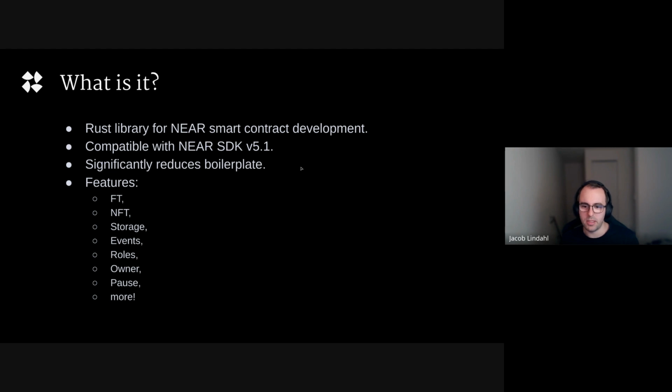So rather than implementing contract primitives like account ID or cross-contract calls, which is what NEAR SDK implements, NEAR SDK contract tools implements things like the fungible token standard, non-fungible token standards, and a bunch of other useful, not quite primitives, but also not fully contracts, right?